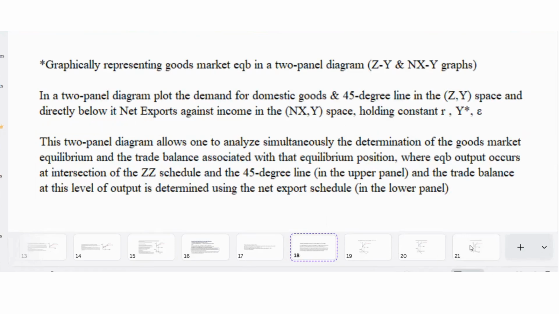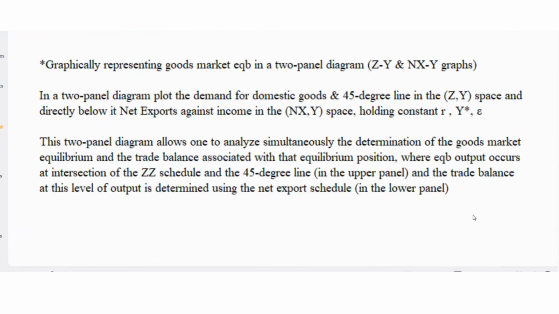So now let's look at graphically representing the goods market equilibrium in a two-panel diagram, where in one panel we have our ZY graph and in the other panel we have our NXY graph.